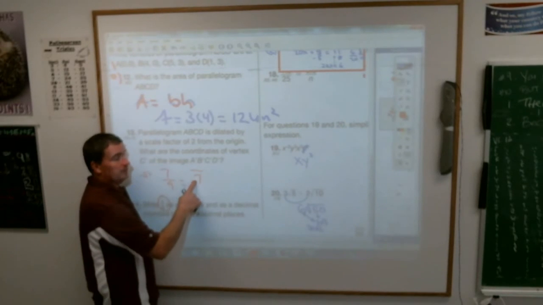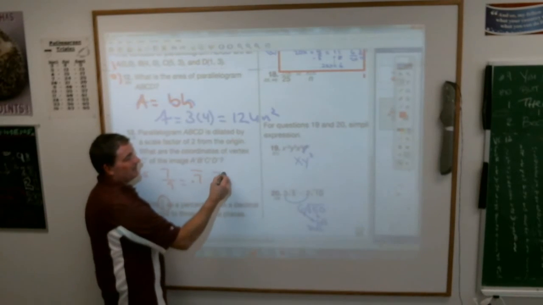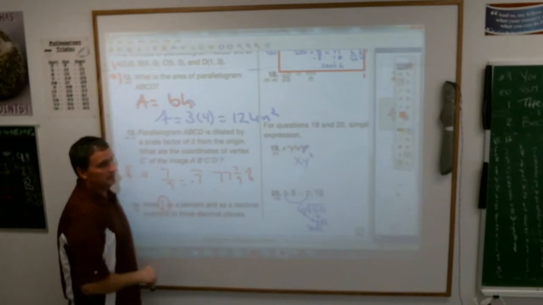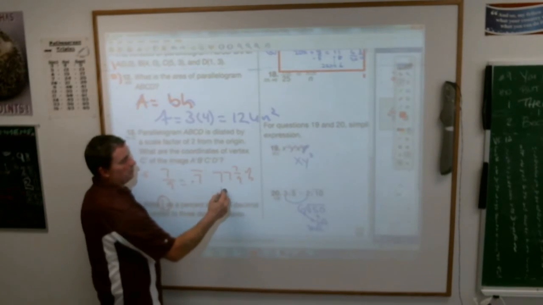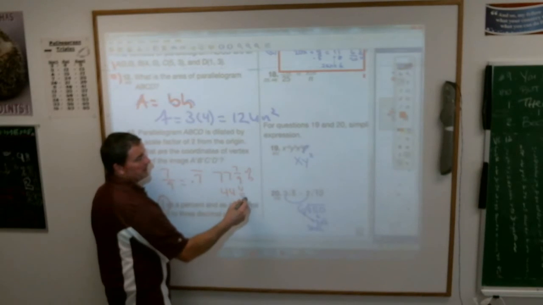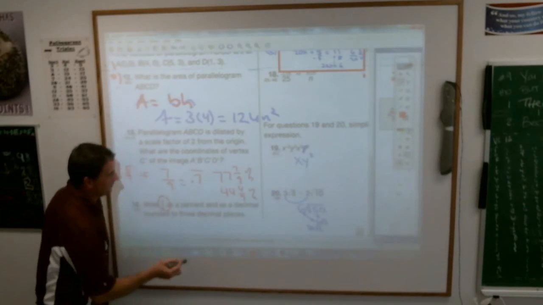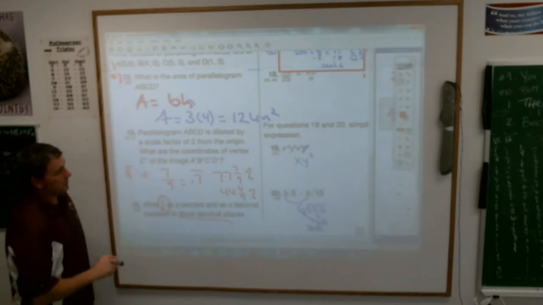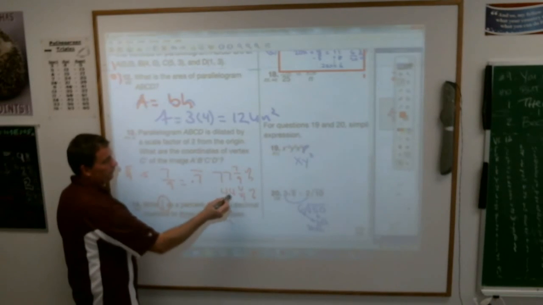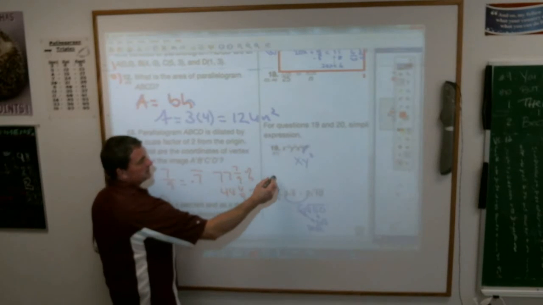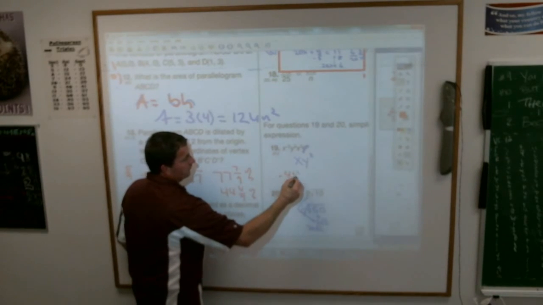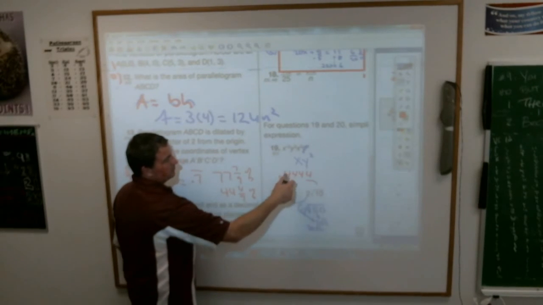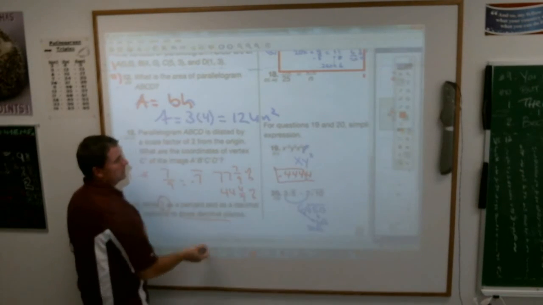What is the percent of 7/9? 77 7/9%. 4/9 is what percent? 44 4/9%. Now you have to be careful when they tell you to round it to 3 decimal places, because then you actually have to write it out. Like what's 4/9 to 3 decimal places? You'd have to go 0.4444, go to 4 decimal places. Do you round that 4 up or does it stay the same? It stays the same.